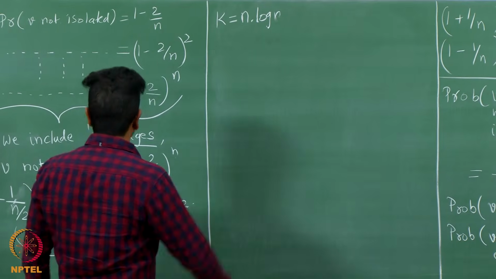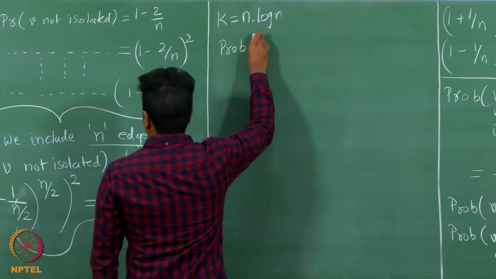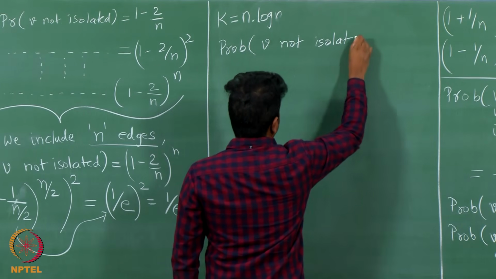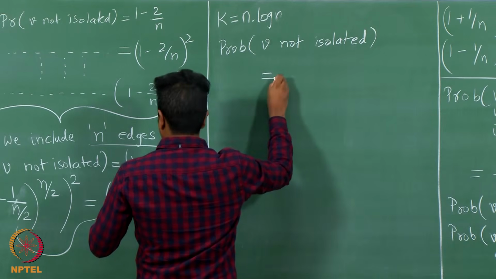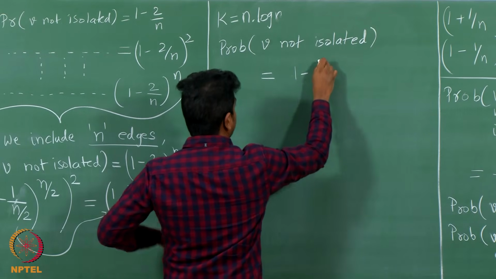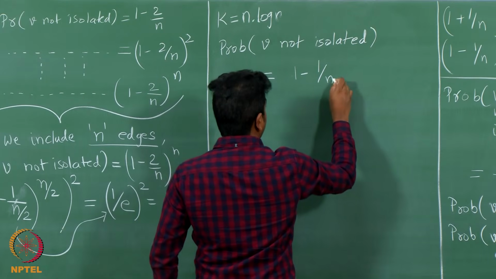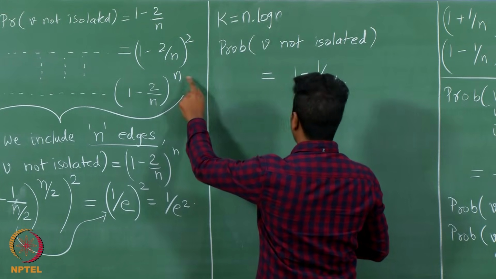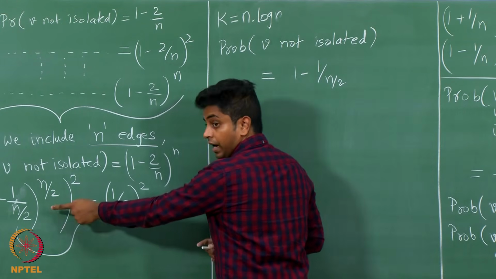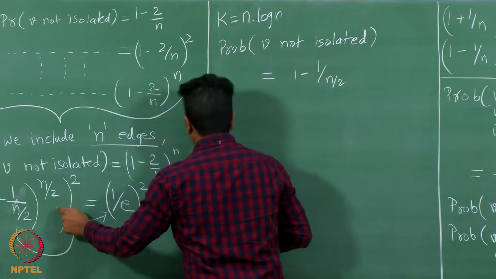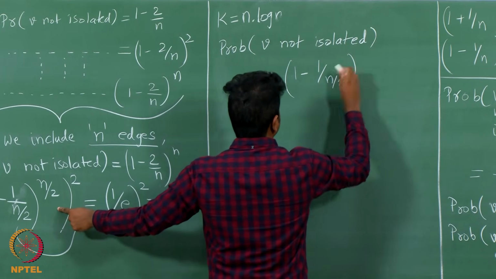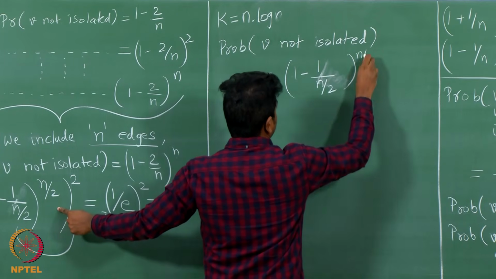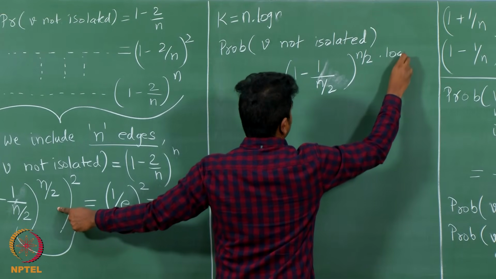If I take k equals n log n, the probability of v not being isolated happens to be, let me rewrite this, 1 minus 1 over n by 2, instead of n I should put n log n here, and here. This becomes, I repeat, 1 divided by n by 2 whole to the n by 2 times log n.